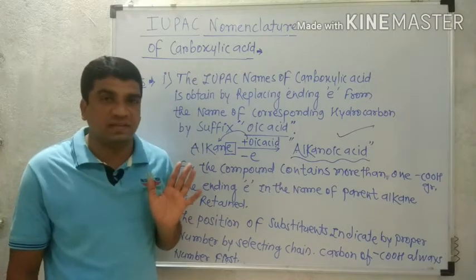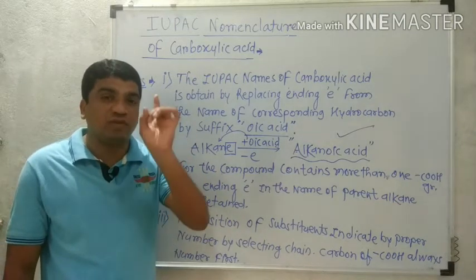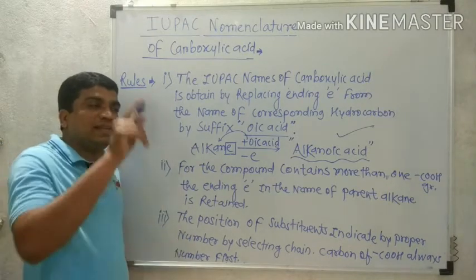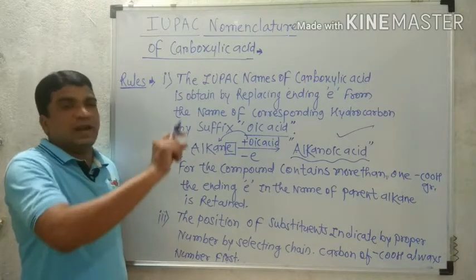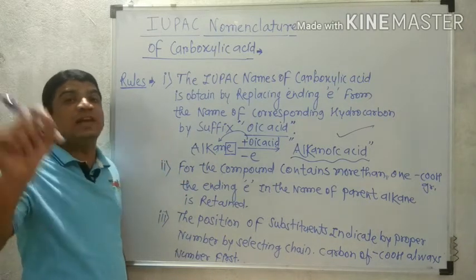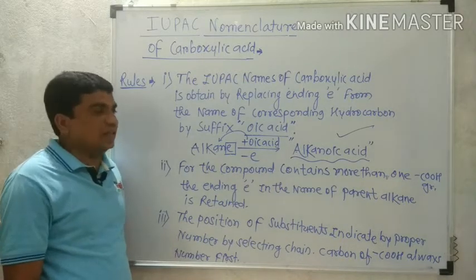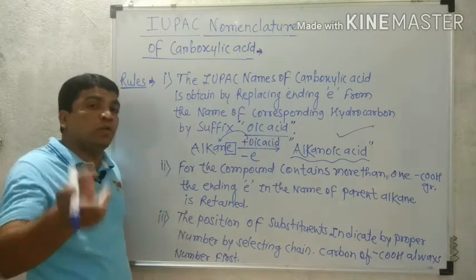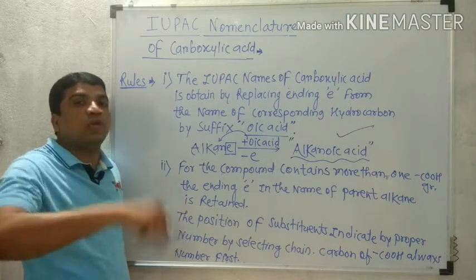It means no need to replace the ending E. The ending E is replaced only in the case of monocarboxylic acid, not in dicarboxylic or tricarboxylic acid. It means in their name, write the complete name of the alkane. For example, for a 2 carbon alkane, write complete ethane. No need to replace the ending E from ethane. Therefore, they are named as the corresponding alkane with 2 groups dioic acid, 3 groups trioic acid, like that.